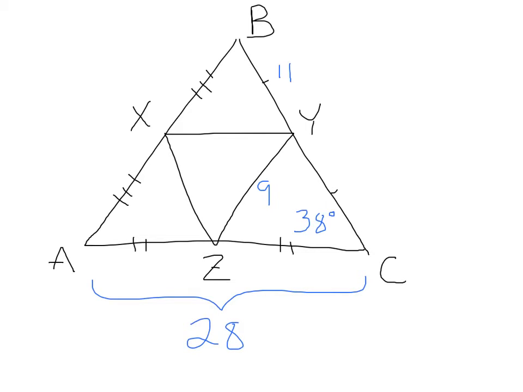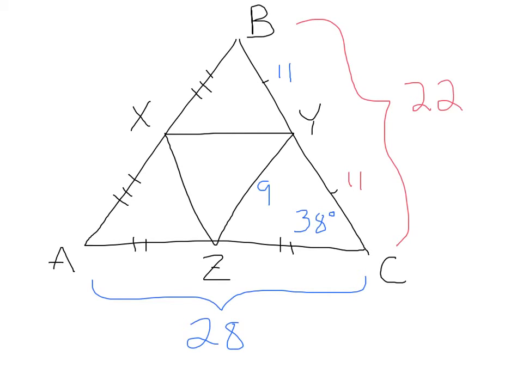Alright, let's start with the outer triangle. We know that this is congruent to this, so if BY is congruent to YC, then we can state that YC is also 11, which means the whole length BC is equal to 22.